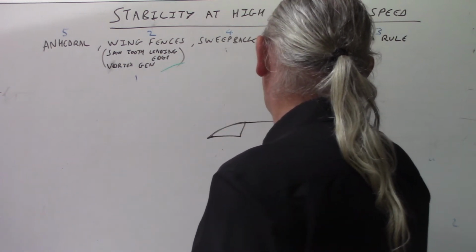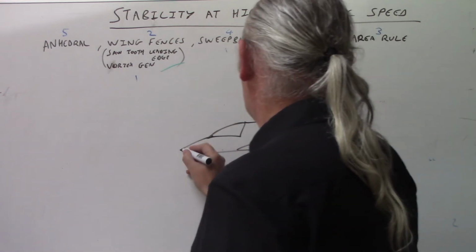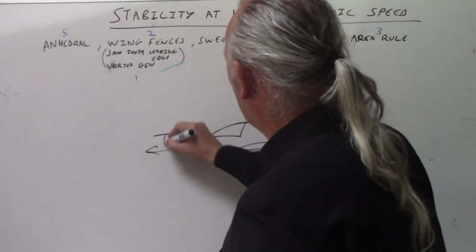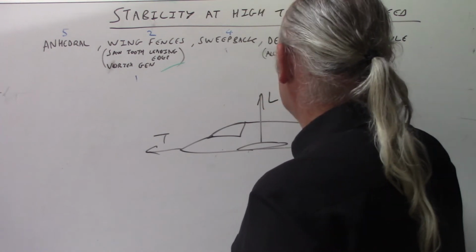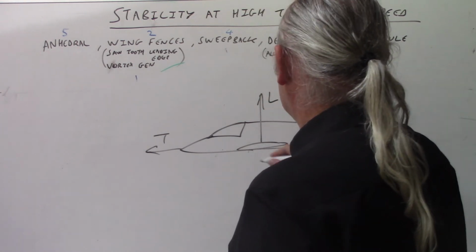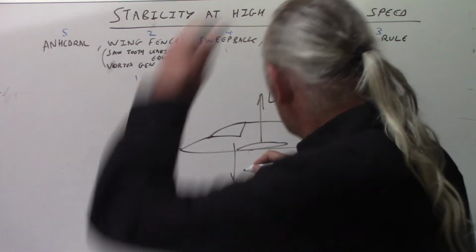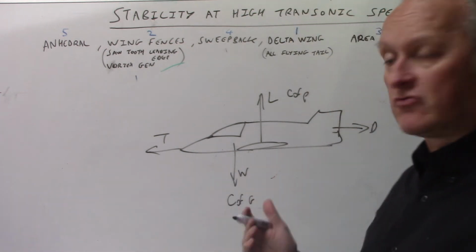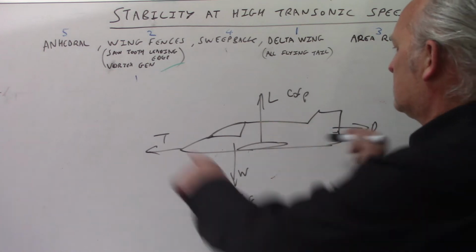We said that thrust and drag generally happen a bit further up. You've got thrust, you've got drag, you've got lift at the centre of pressure, C of P, and then you've got your centre of gravity, C of G, and you've got weight there. Generally most aircraft have the centre of gravity forward of the centre of lift or the centre of pressure.